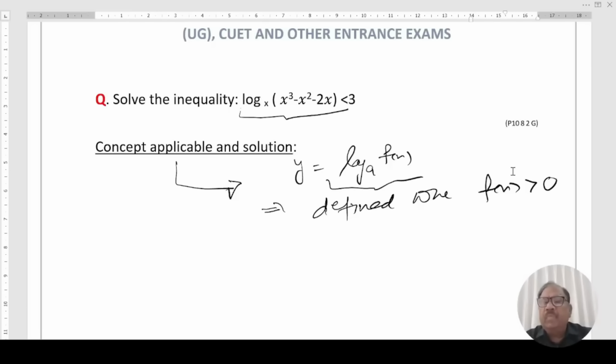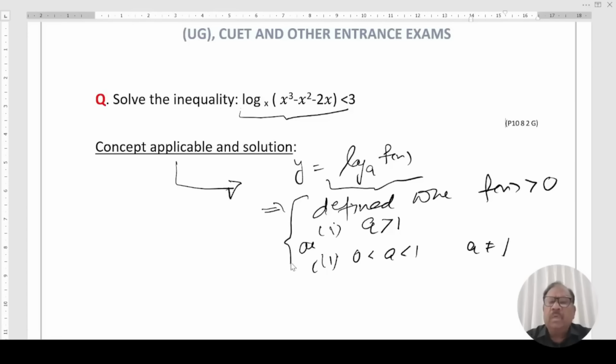And a is either greater than 1 or less than 1 and greater than 0, and a should not be equal to 1. These conditions should be satisfied, right?